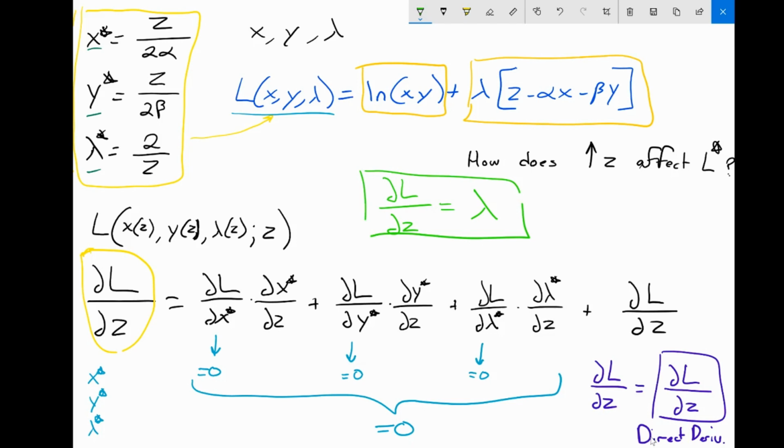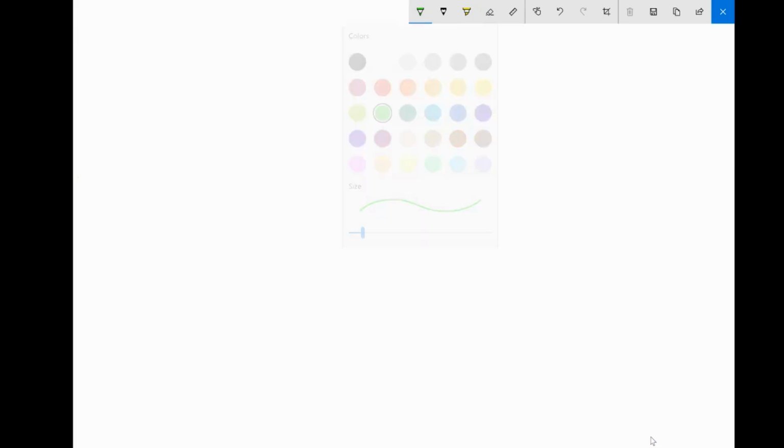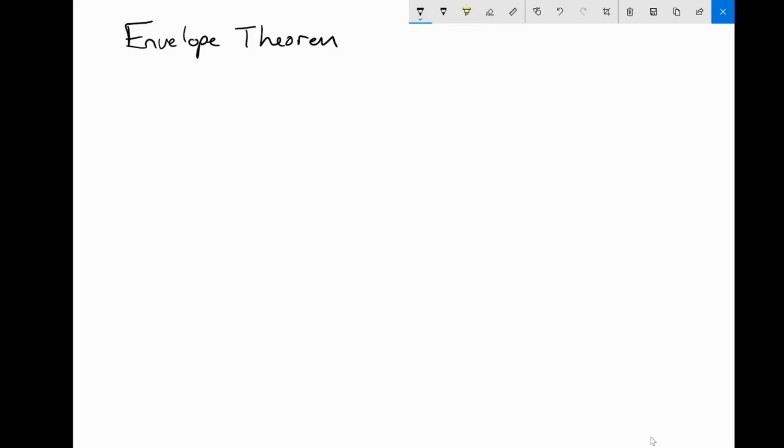Okay, so here we go. Now, I'm going to erase all of this, and I'm going to summarize what I just showed you, and I'm going to give it a name. Envelope theorem. So if we optimize a function, so let's say we have this Lagrange function, we optimize it.